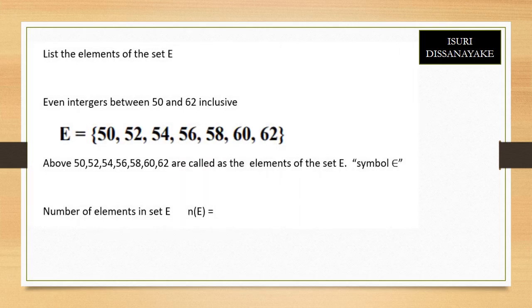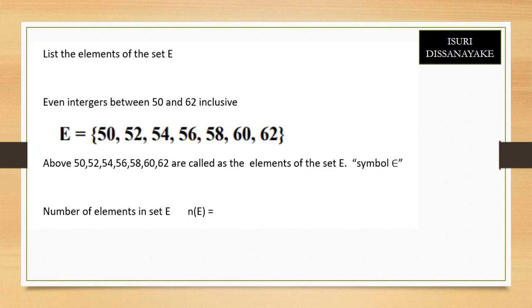Okay, so this is another example. You can try this. List the elements of the set E. So this set E means the even integers between 50 and 62 inclusive. You know the meaning of the word inclusive. So you have to include 50 and 62.